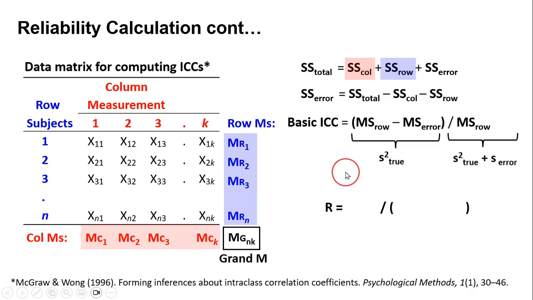This will give us the reliability for our instrument or our raters, etc., that we're looking for. So with the ANOVA procedure, if we find the right components, we can match them up to the theory to calculate the reliability.